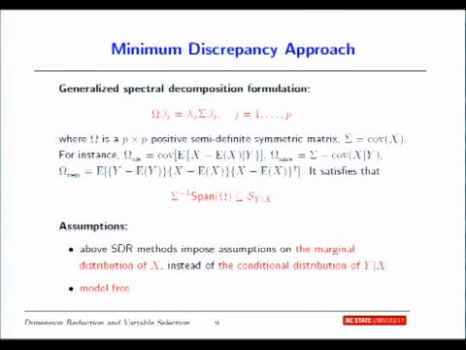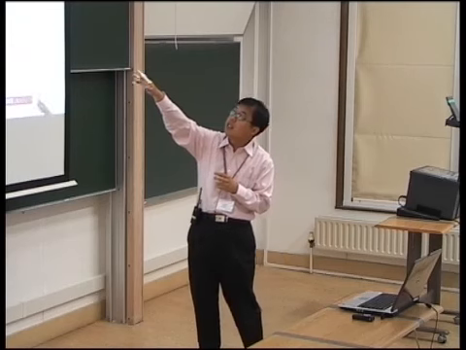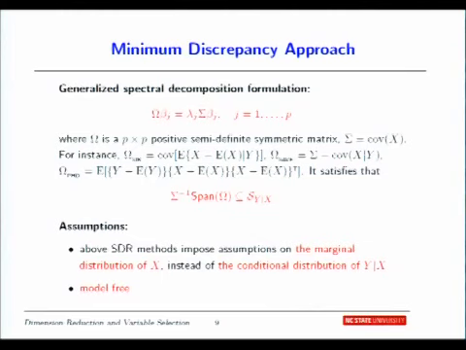Here I gave some examples. For instance, for the slice inverse regression, it takes the form of the covariance of the inverse mean vector, etc. And then under some method specific conditions, we can show this relationship holds, which basically says we can get information about the central subspace by conducting that generalized spectral decomposition.